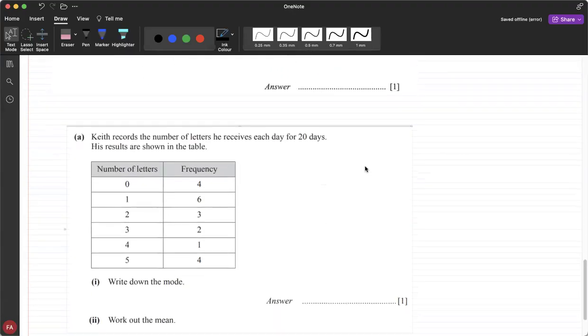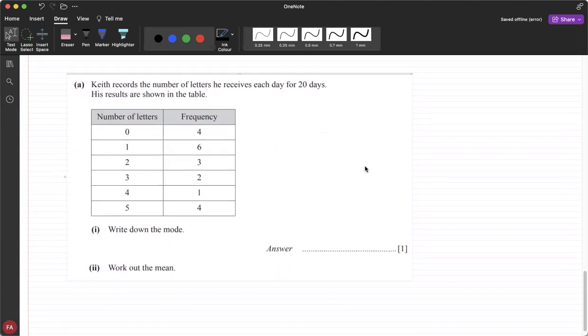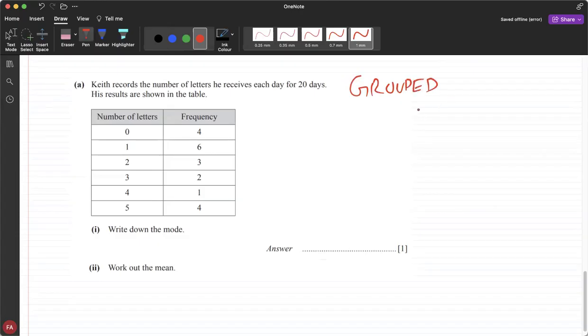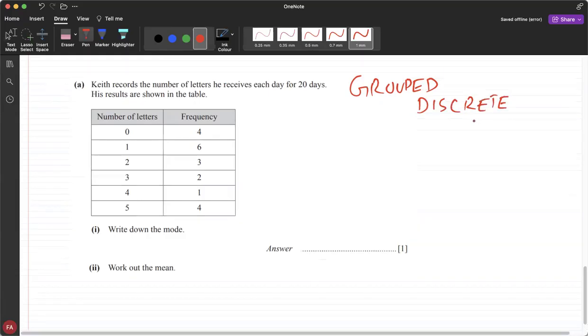Let's move on. If you check out this question over here, my first question is, what kind of data do we have? Can I say this has to be grouped data, right? And what kind of grouped data is it? Is it continuous or is it discrete? All I see is whole numbers over here. So I can say this has to be grouped discrete data.